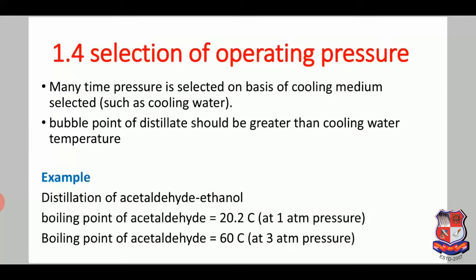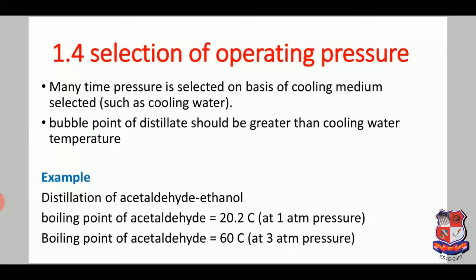So here the bubble point of the distillate is very important because our cooling water is available from the cooling tower at nearly 32 or 35 degrees Celsius. So it is important that your distillate vapor must be 10 to 15 degrees Celsius above the cooling water temperature, so it must be near 25 or 20 degrees Celsius.